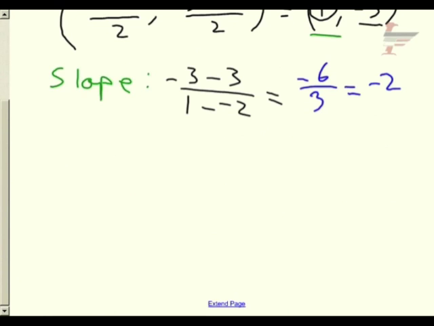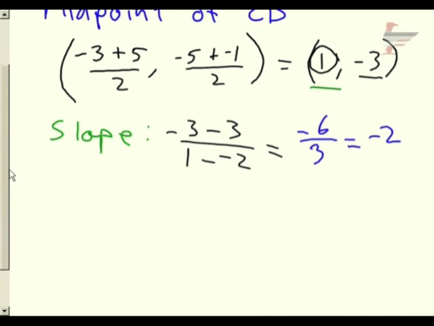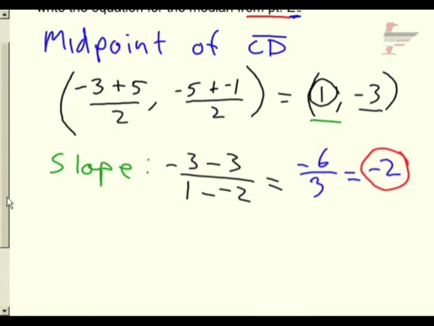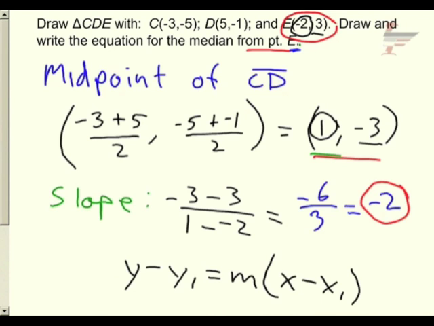Then you're going to use that information and put it into the point slope form. So that slope, and then you can either use this point, or you can use point E. I think I'll use point E. So I know that has to go into the slope-intercept form, or sorry, point-slope form. And the slope that we're using is -2.